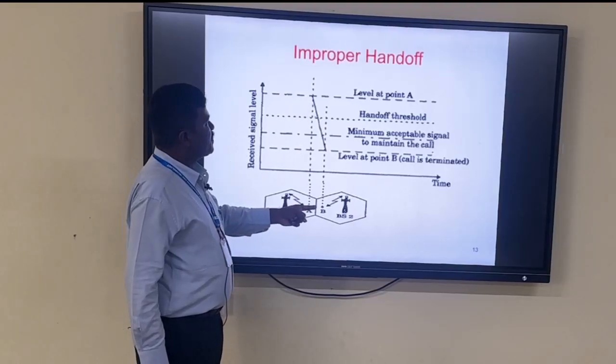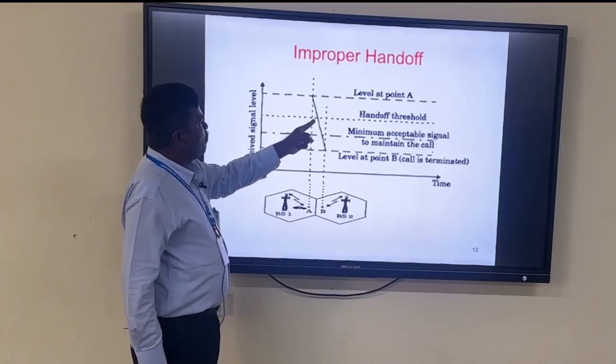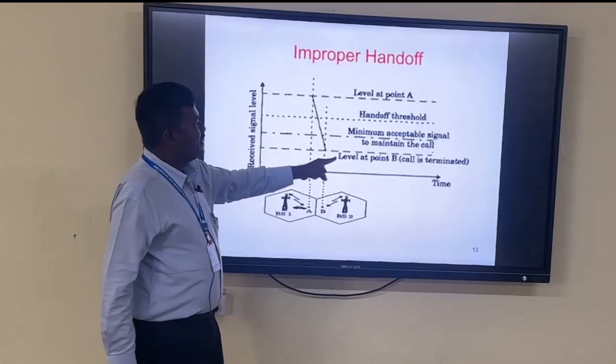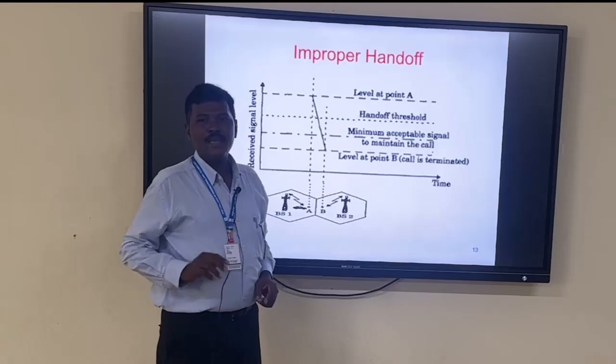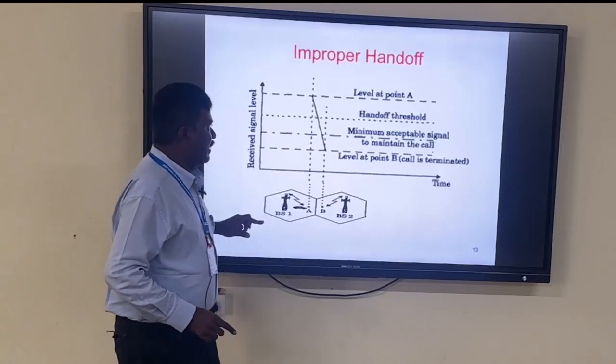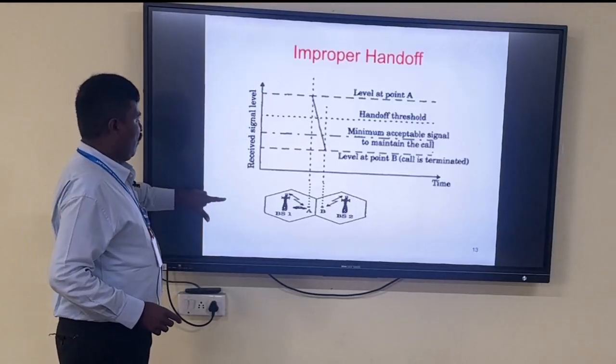As it moves with respect to time, the signal level keeps on decreasing. At point B, the call is terminated because the signal level is low. This kind of handoff is called improper handoff.